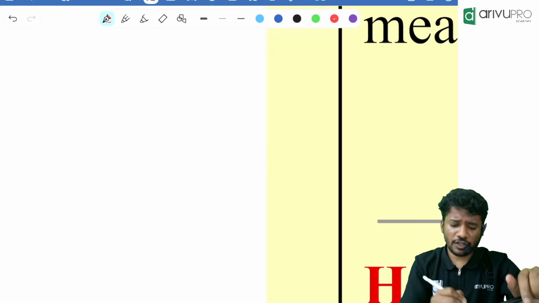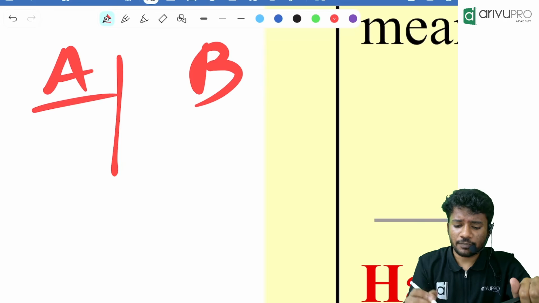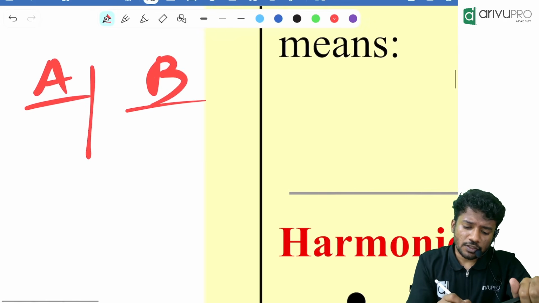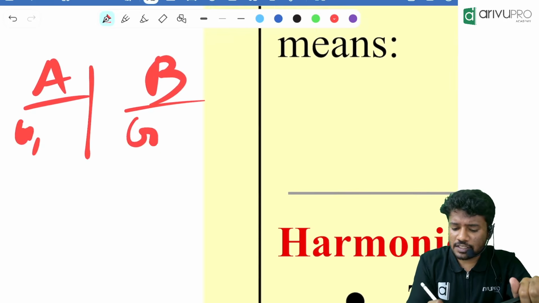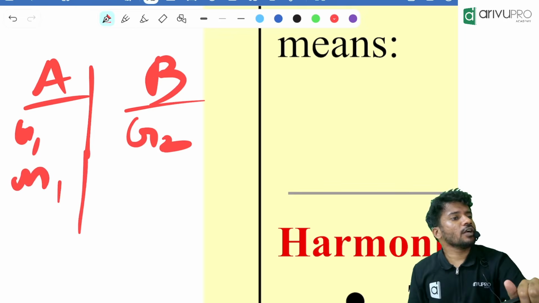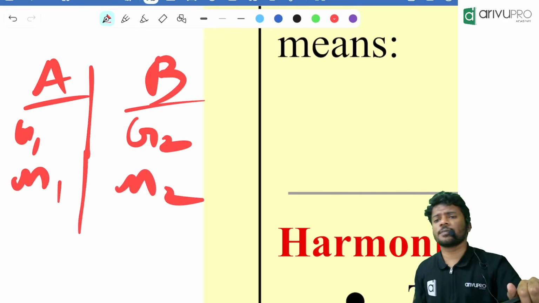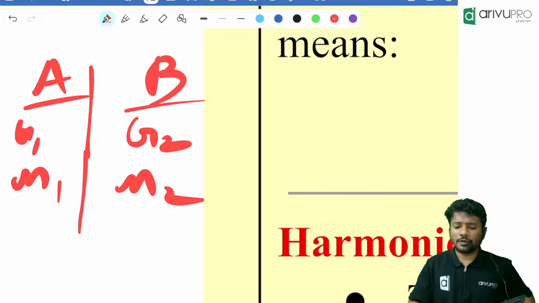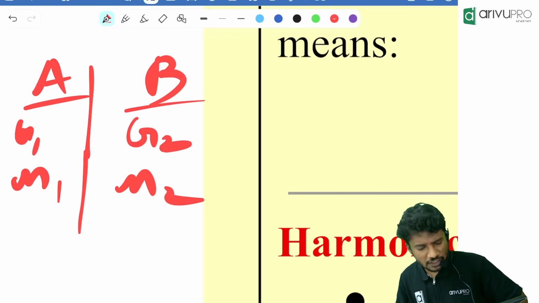For example, one set A and set B: set A will have a geometric mean of G1, set B will have a geometric mean of G2, N1 is the number of items in set A, and N2 is the number of items in set B.